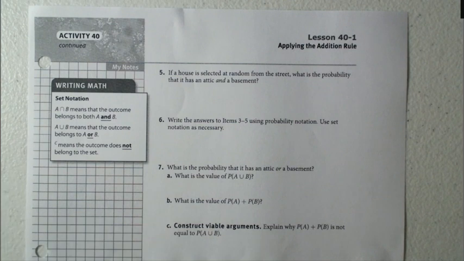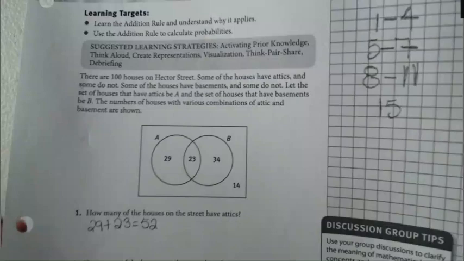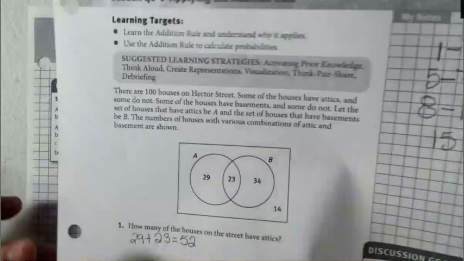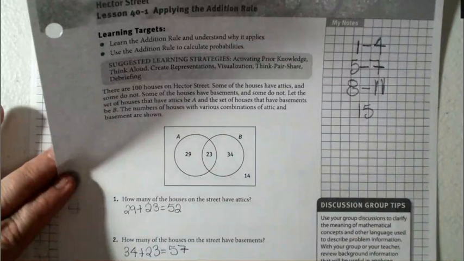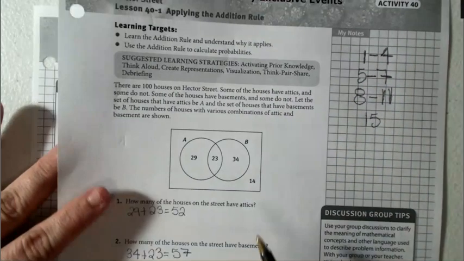Section 2 covers questions 5 through 7. It says, if a house is selected at random from the street, what's the probability that it has an attic and a basement? Let's see how many houses fall in that category.